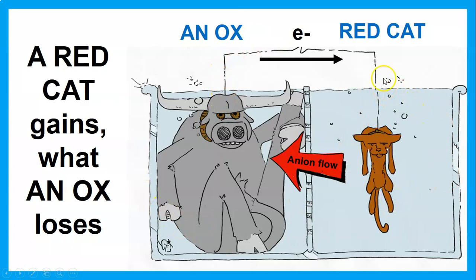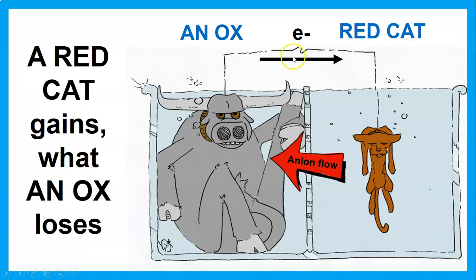The cathode is gaining the electrons. So what we say is that a red cat gains whatever an ox loses. So if the ox loses its electrons, the red cat, the cathode, is going to gain them. If the ox is losing mass, the red cat is going to gain the mass.